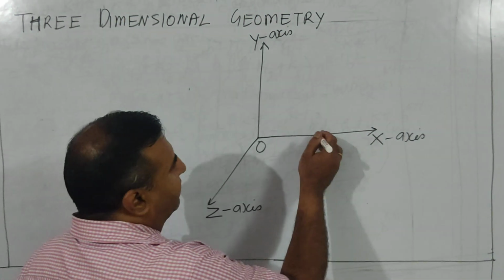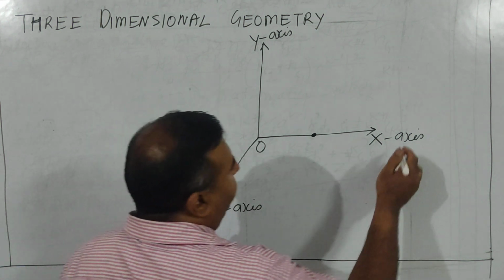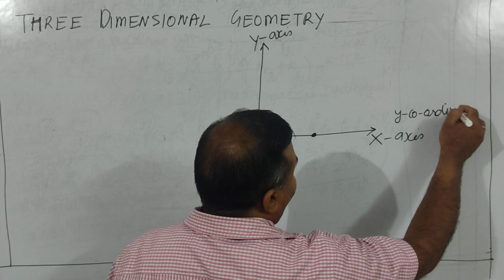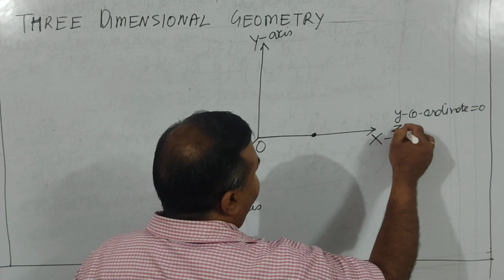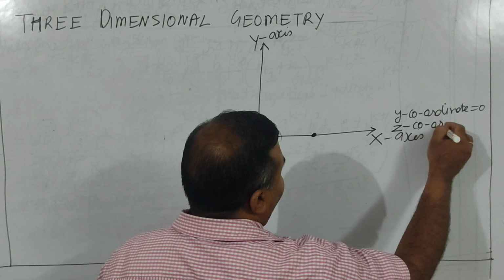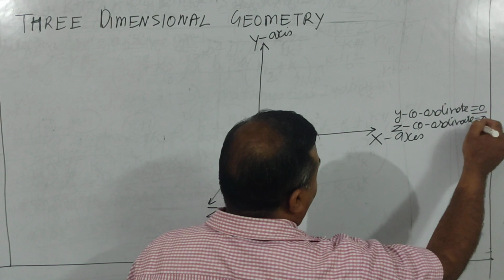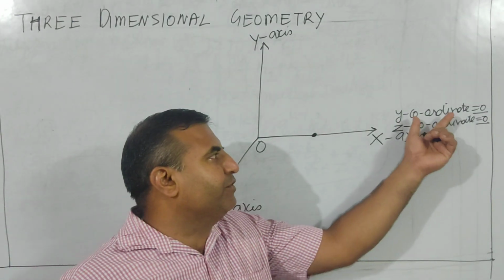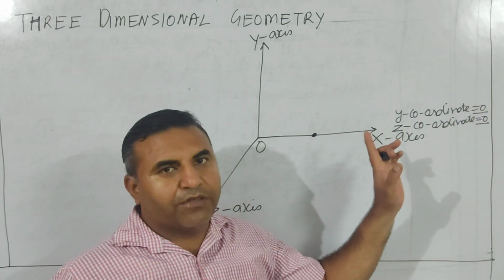On the x-axis, the y coordinate is always 0, and the z coordinate is also 0. On the x-axis, which coordinates are 0? The y coordinate and z coordinate both are zero.